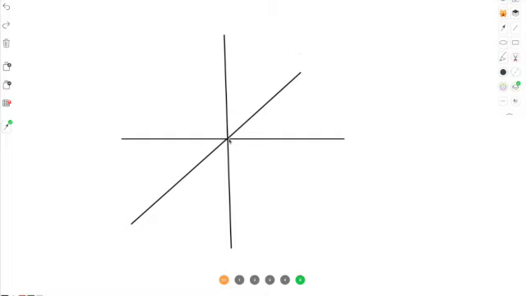So let me draw that as this. Okay, so this is our vector F2.